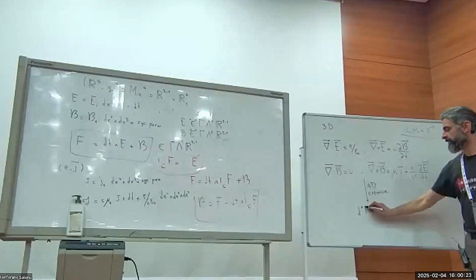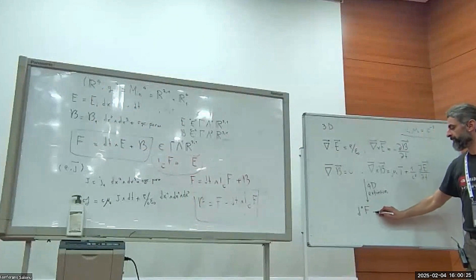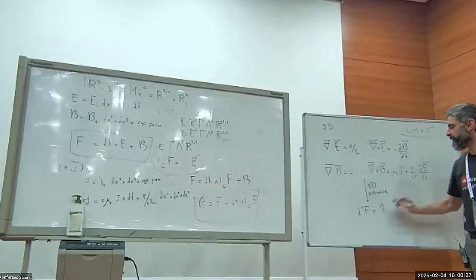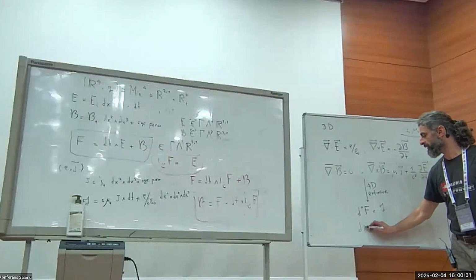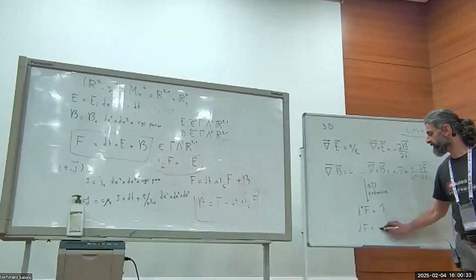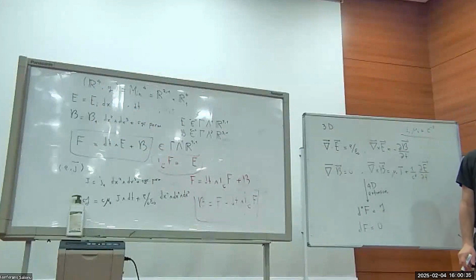This is F, this is the current form J, and dF is 0.